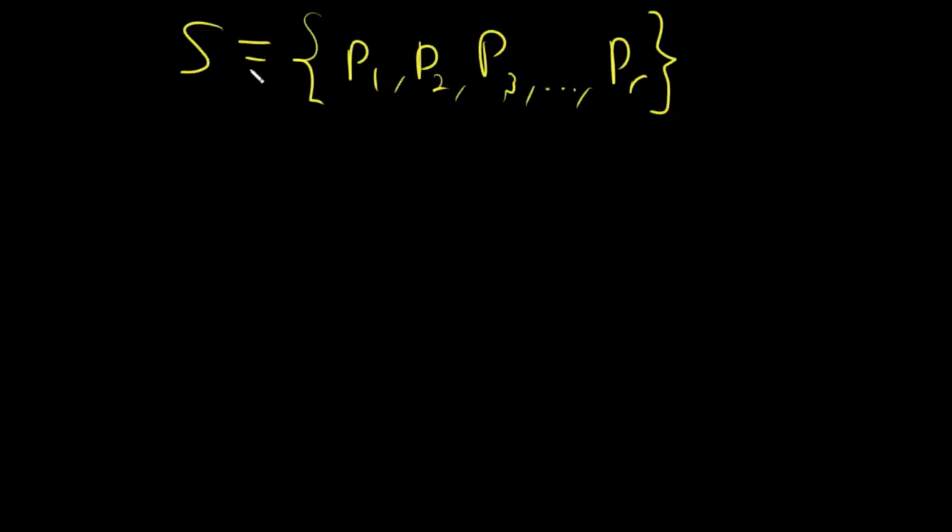Now, there's a few things we can do at this point. One thing is to construct a new number, let's call it n, and we're going to just multiply all of these numbers together, all of these prime numbers that were in this set we began with, P1 times P2 times P3 all the way up to PR.